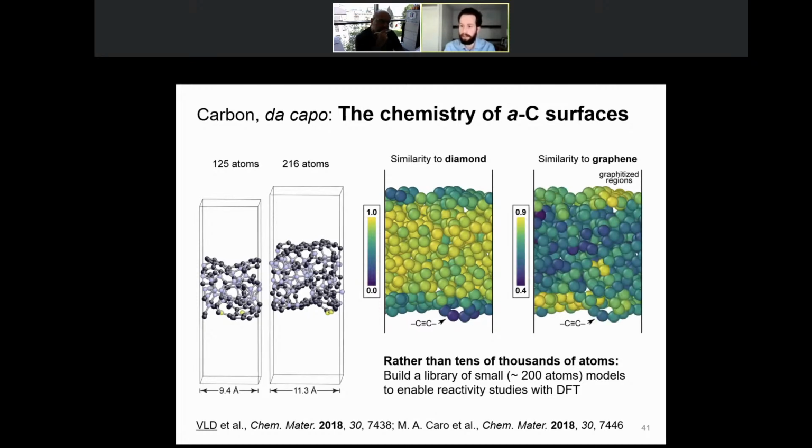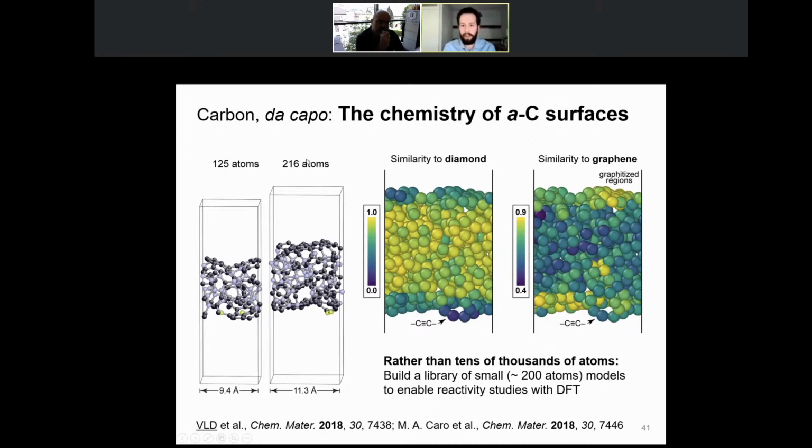So it shows us, the diamond-like regions in the slab center light up here, and the graphite-like structures light up at the top and bottom of the slab. And we can use that to quantify what kind of system size do we actually need to do reliable structural modeling of these surfaces. And it turns out 216 is actually a really good compromise.